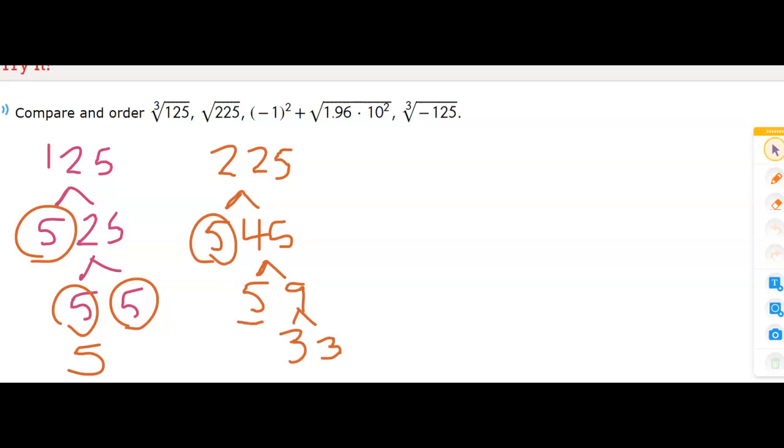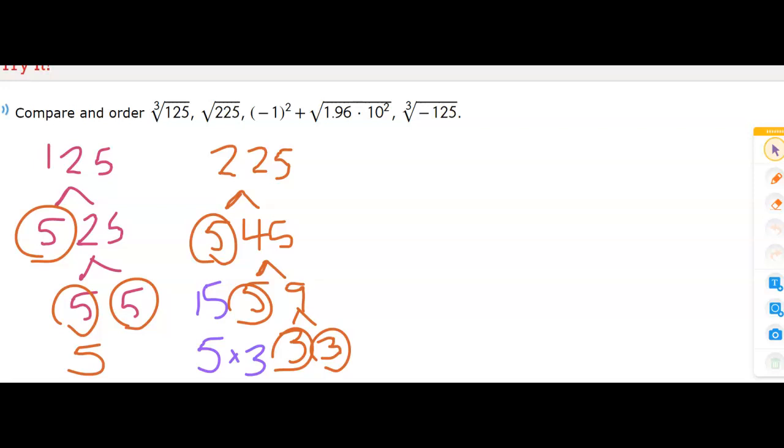So here are the prime factors. And then we pull those out in groups of 2. So we have, let me use a different color, 5 and 3. So for this one, 5 times 3 is 15. So 15 is the square root of 225.